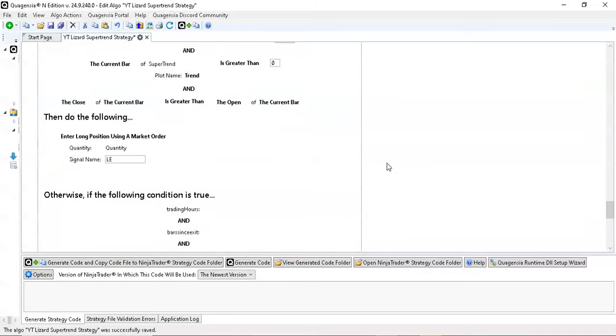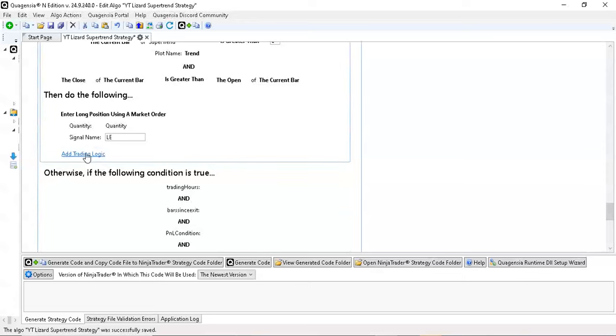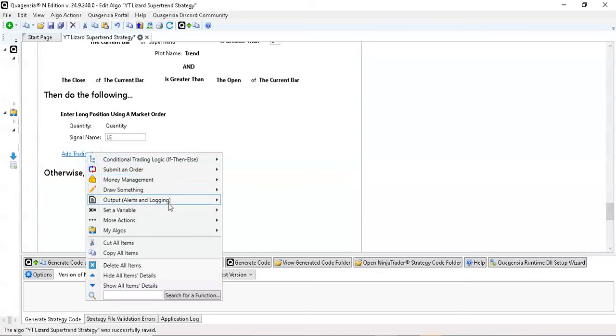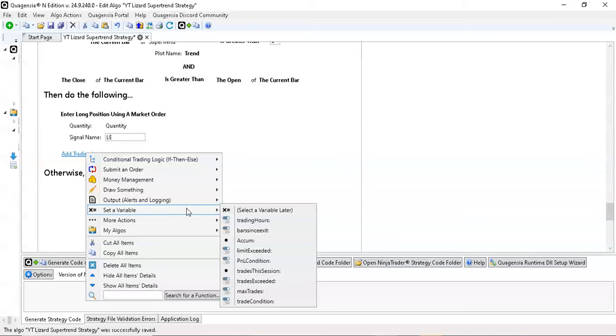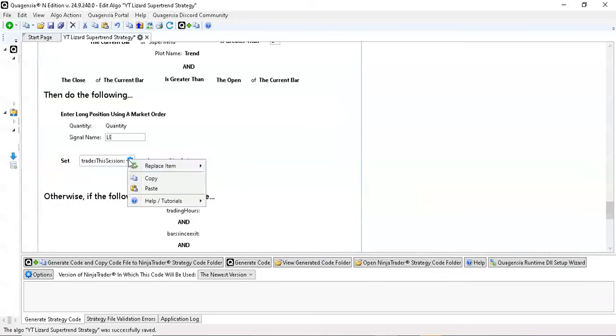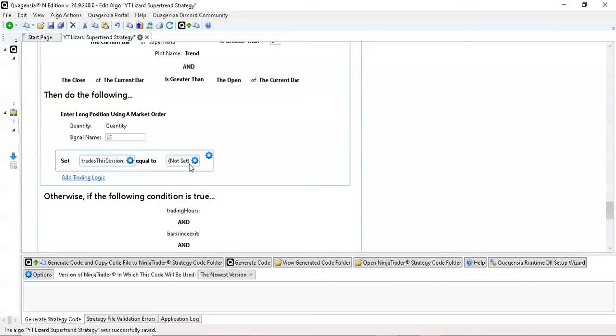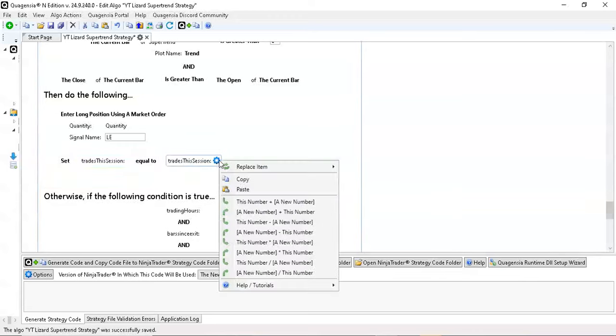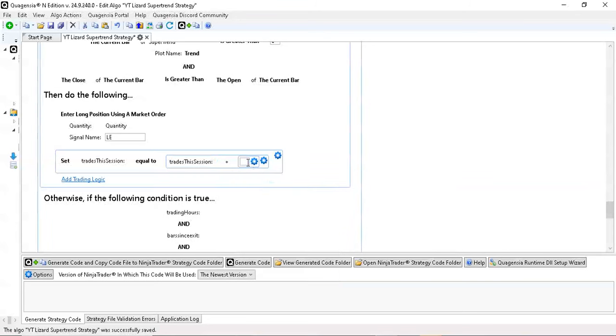All right, so what we're going to do is go right here, set trades this session equal to trades this session plus 1.